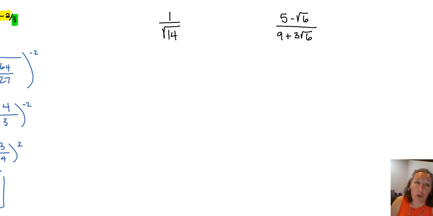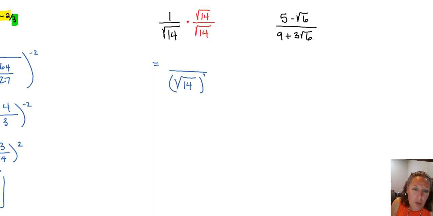This is a square root, and so the easiest way to make this a perfect square is to multiply top and bottom by the square root of 14. What we do to the bottom, we have to do to the top. The square root of 14 times the square root of 14 simplifies in the denominator to the square root of 14 squared.